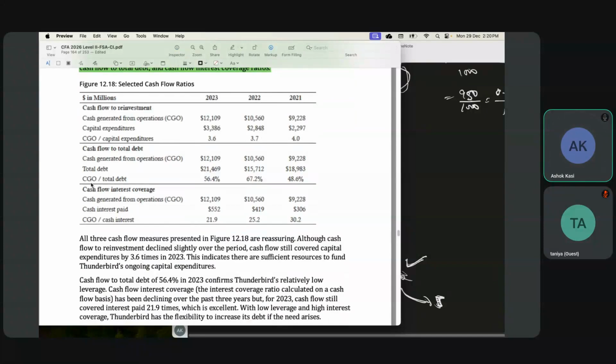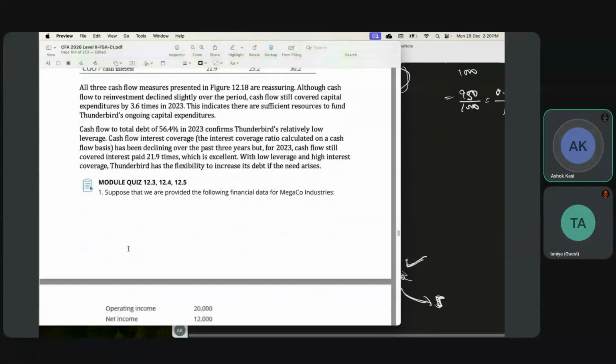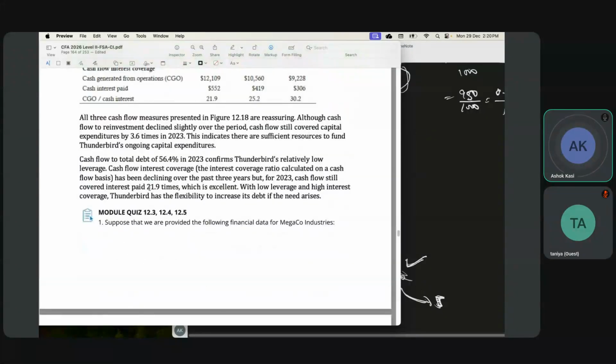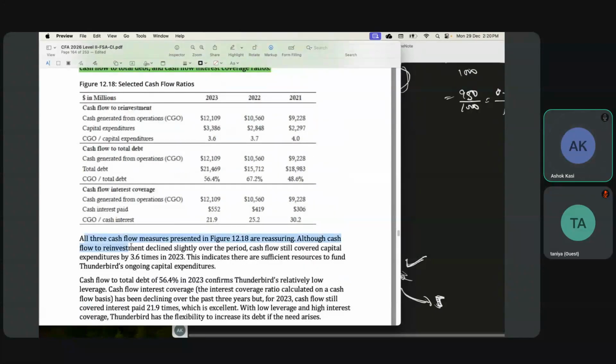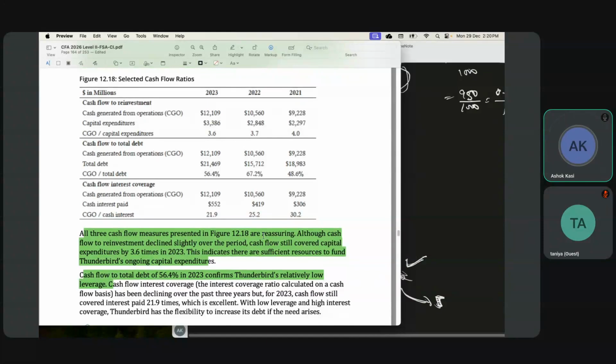CGO to capital expenditures, CGO to total debt, CGO to cash interest. All three cash flows presented in 12.8 are reassuring.